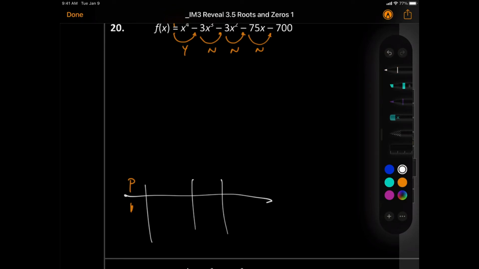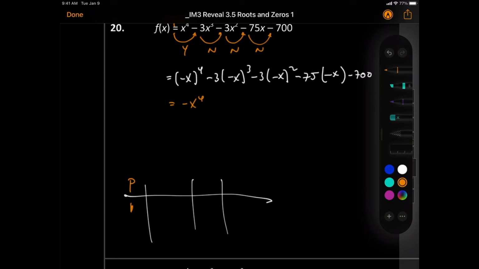Okay, let's go ahead and figure out the negative. Substitute in a negative x, and then the last lesson. So simplify: negative x to the third, positive 3x to the third, that would be x squared, negative 3x squared, positive 75x minus 700.